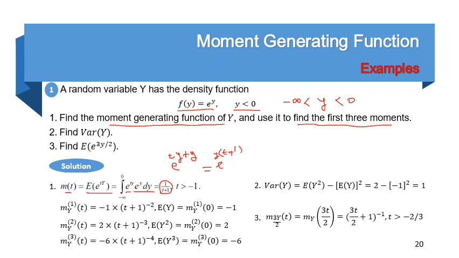And then when you integrate, all you have to do is write the same function as it is, then divide by the power you have, which is t plus 1. As you see, this power came to be the answer as here. So you get the function as it is, divided by t plus 1, then you substitute 0.